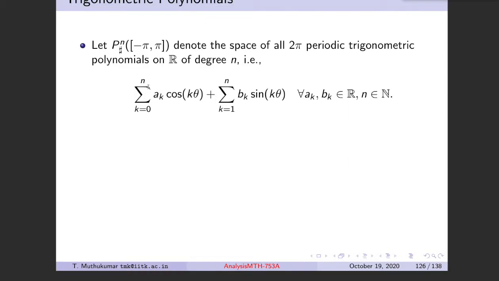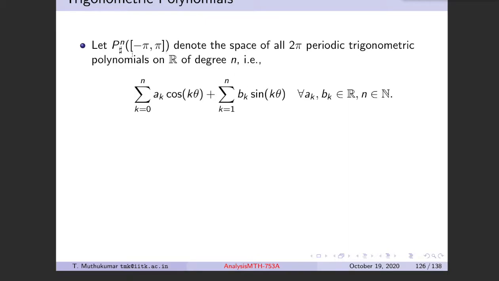Let's say P^#_n[-π, π] denote the space of all 2π periodic trigonometric polynomials of degree n. Okay, so it has this form. So this is a degree n polynomial of trigonometric functions.